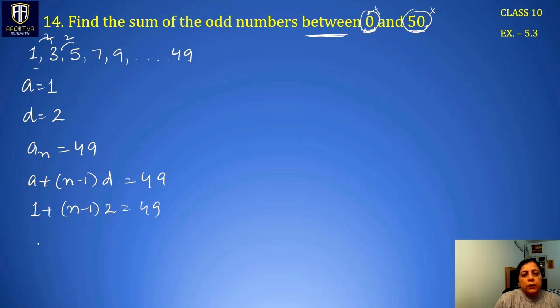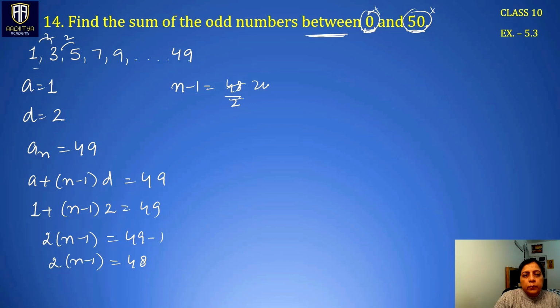So 2 times n minus 1 is 49 minus 1, which is 48. So n minus 1 becomes 48 by 2, that is 24. Sorry, n is 24 plus 1, so n becomes 25.